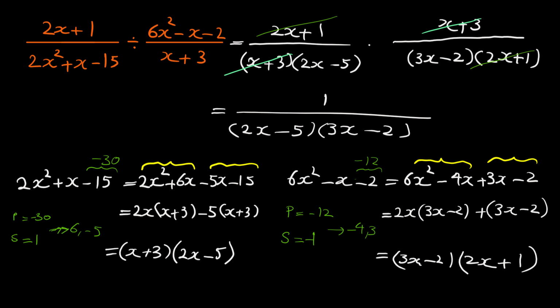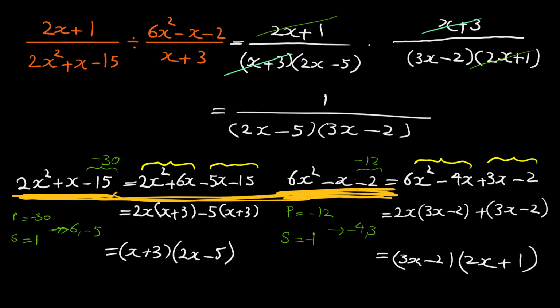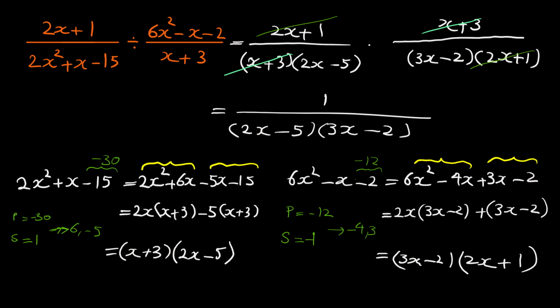Before I show you the next question, let me tell you something about the technique that we use for factoring these two trinomials. In different textbooks, you can find different methods for factoring trinomials like this when the leading coefficient is not 1. I highly recommend you learn only one method and do not change your method from one question to another.